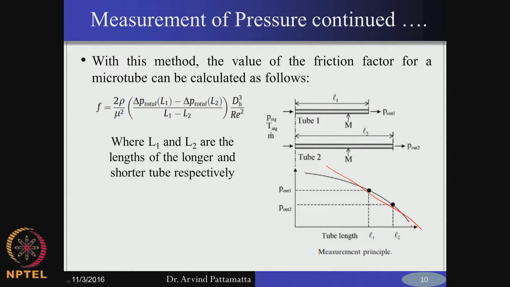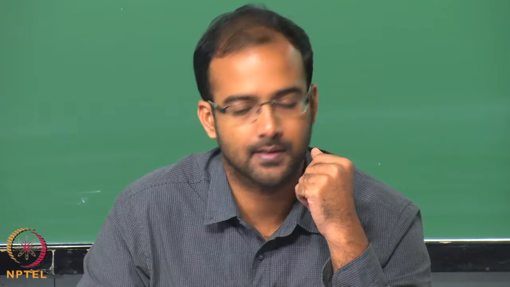That means your dP by dx should be a constant, which is where Poiseuille's law is valid. But this curve shows a realistic case where, for example, you have compressible effects, so you may not have a constant pressure gradient. Therefore it will deviate from a linear curve.